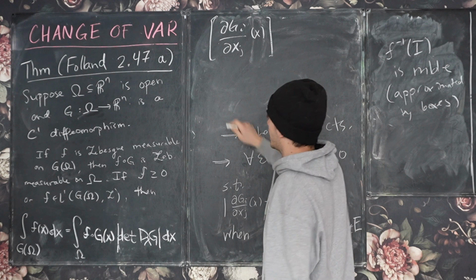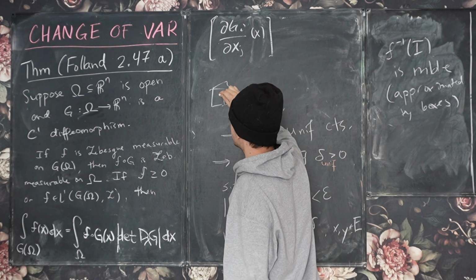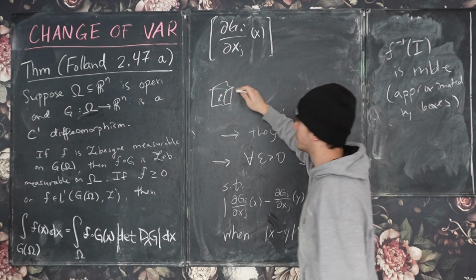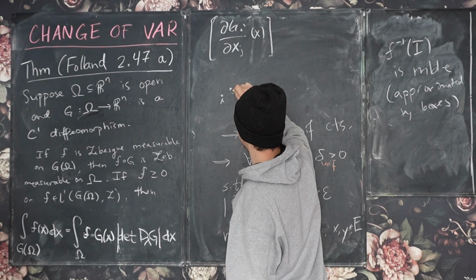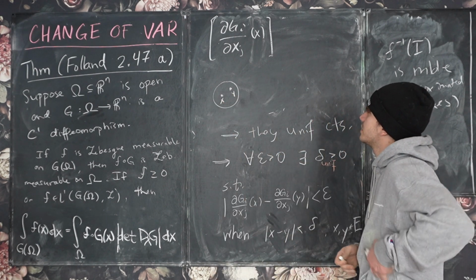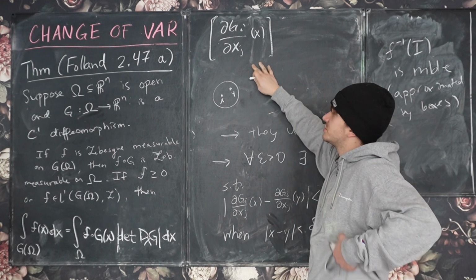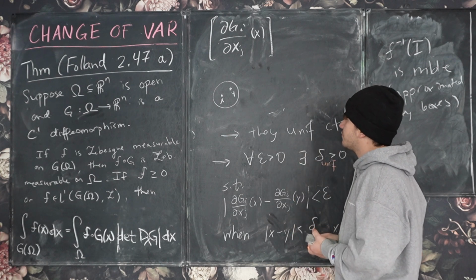If I consider a small portion of the domain, and I have a point x and a point y in this small region, then I want to understand what is the most distortion this matrix can have.